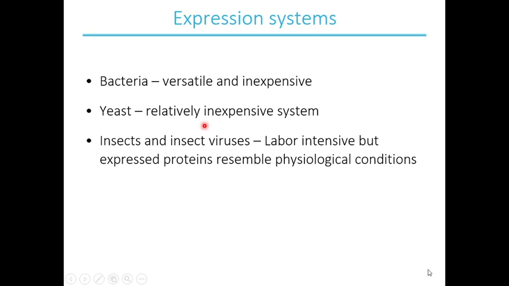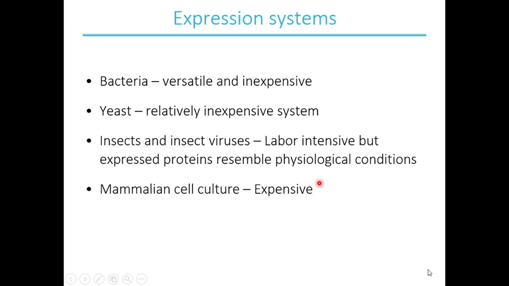Insect and insect virus systems are used extensively to express and purify eukaryotic proteins that are difficult to express otherwise. The limitations involve labor-intensive procedures, but expressed proteins are physiologically relevant with proper post-translational modifications in them.